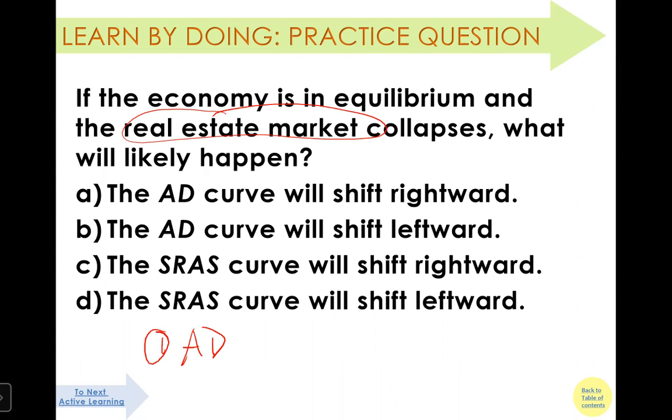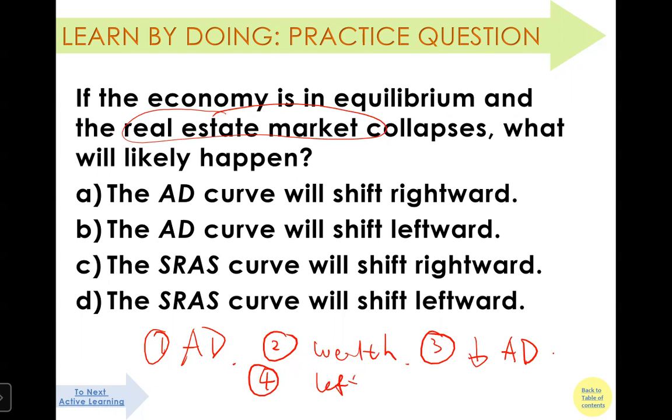Step two, the real estate market collapse reduces your wealth. Step three, that is going to reduce aggregate demand. Step four, that means a leftward shift. That's the logic for how we answer these questions, and the answer is B.